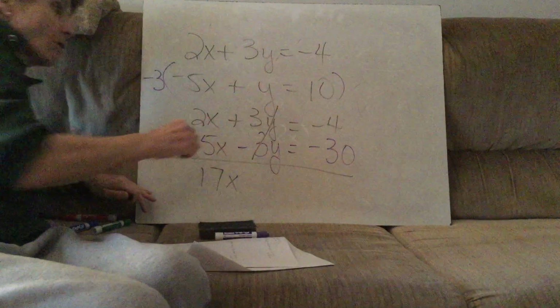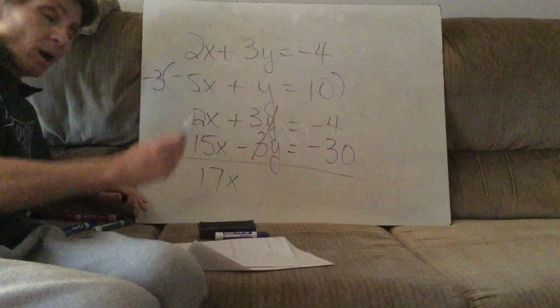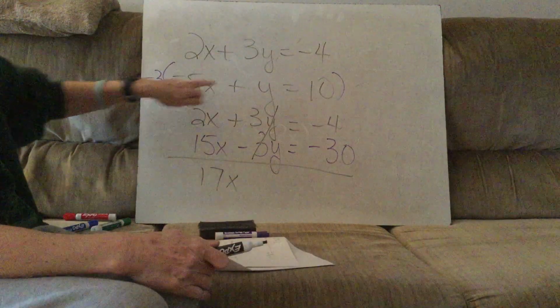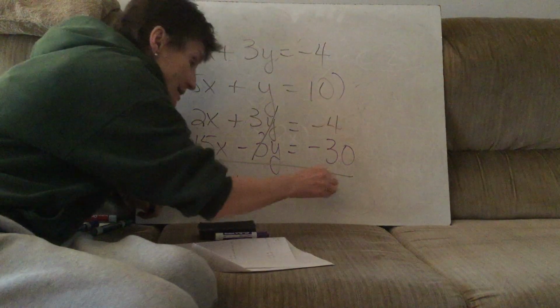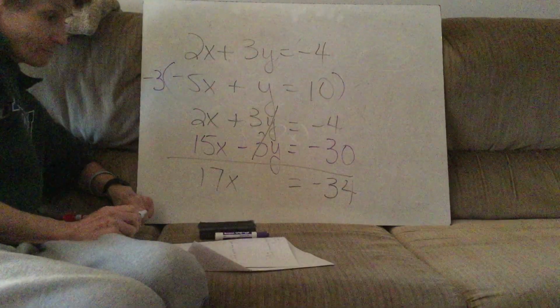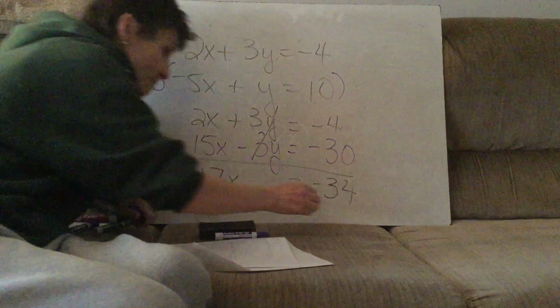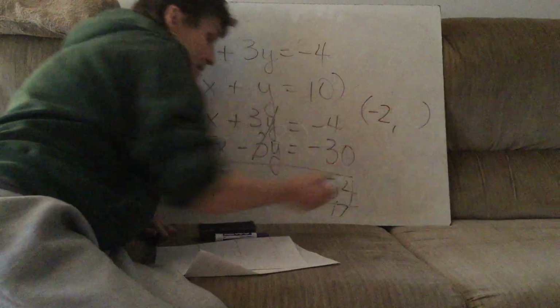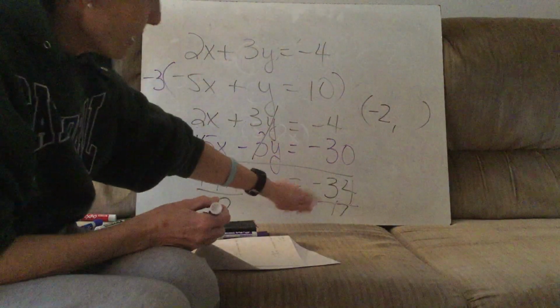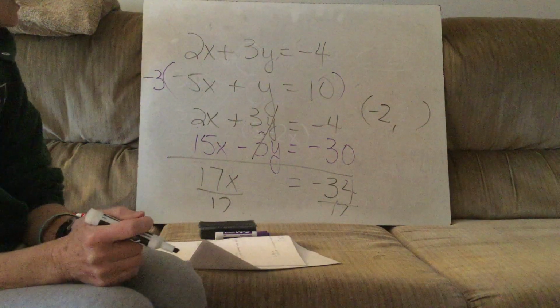The y's are eliminated. That's what we wanted to have happen. That's why we multiplied by negative 3, so that those would disappear. Equals negative 34. So now we can divide. And it looks like this time my x is negative 2. Negative 34 divided by 17.